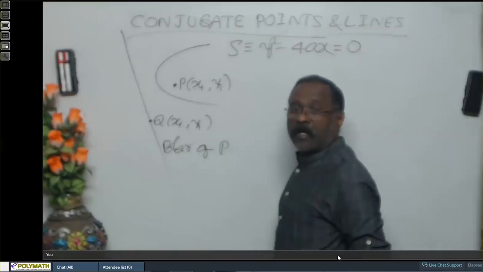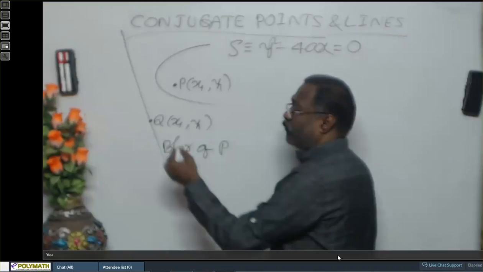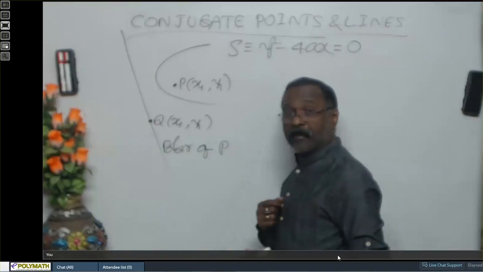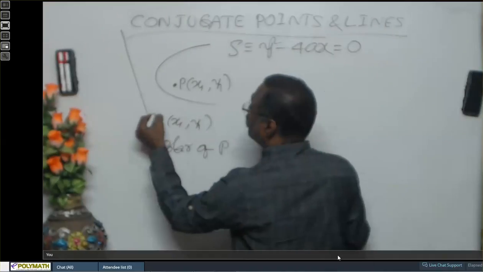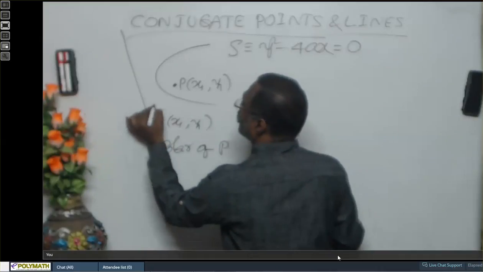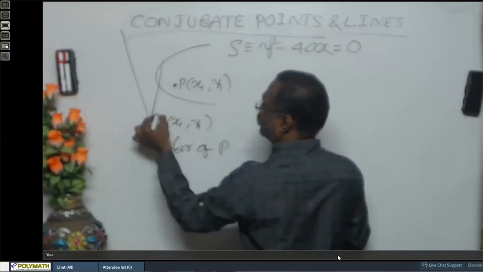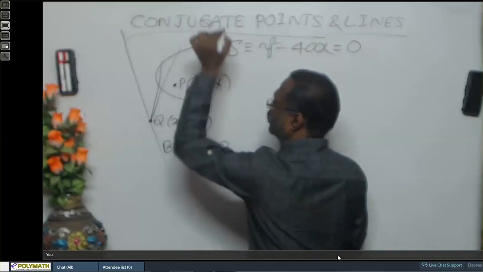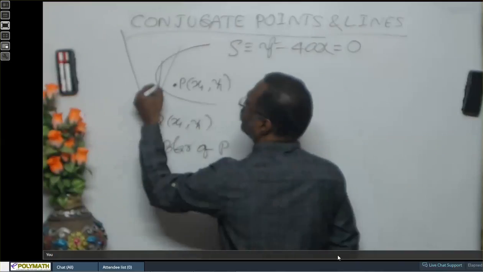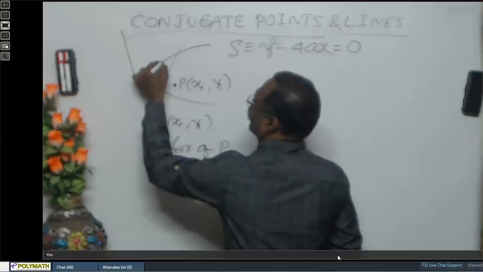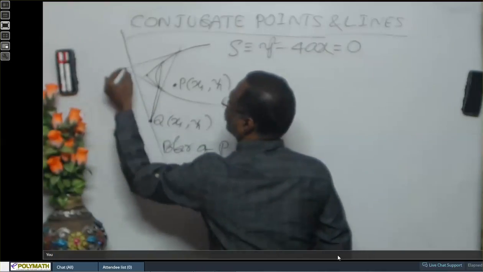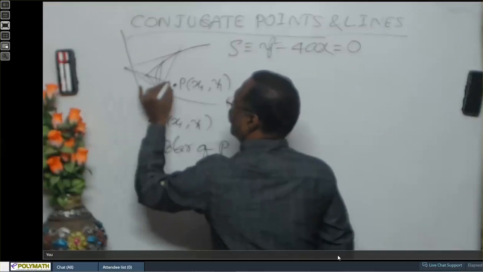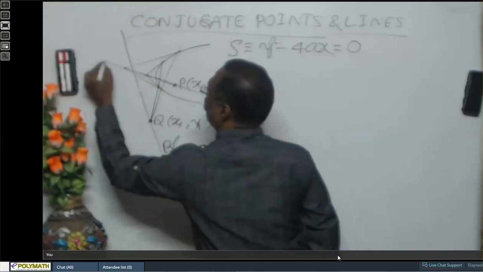Then if you draw the polar of this, that polar passes through. For example, this is a chord passing through this. Then what happens? The tangent is drawn at the extremities of this, like this. Then this polar passes through P, understand that.